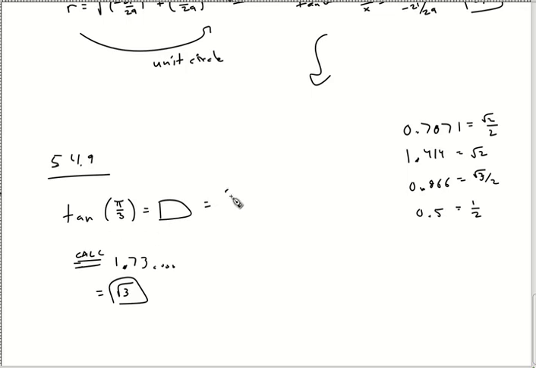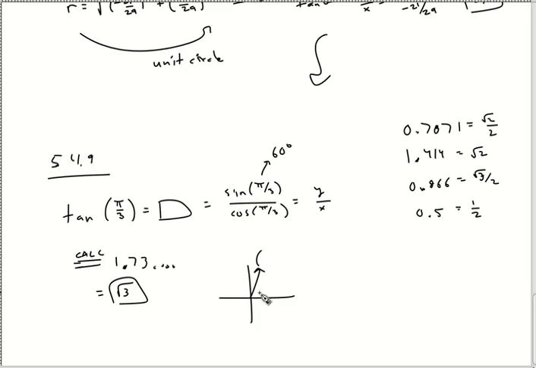So I've got tangent is equal to sine over cosine. And I have a question for you. What angle is pi over 3 in degree mode? Well, in degrees, it's 60 degrees. And so I'm looking at 60 degrees, and I'm going to look at the point here, because again, sine and cosine is going to be a y over x, tangent y over x.